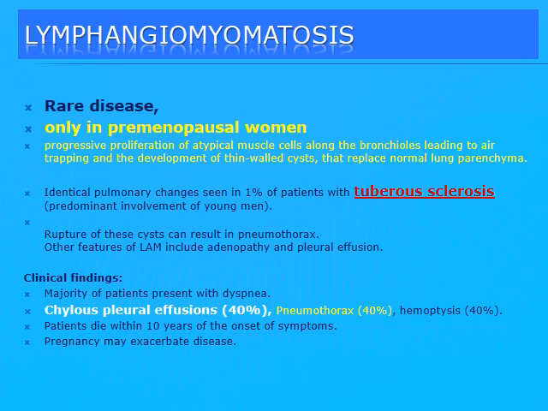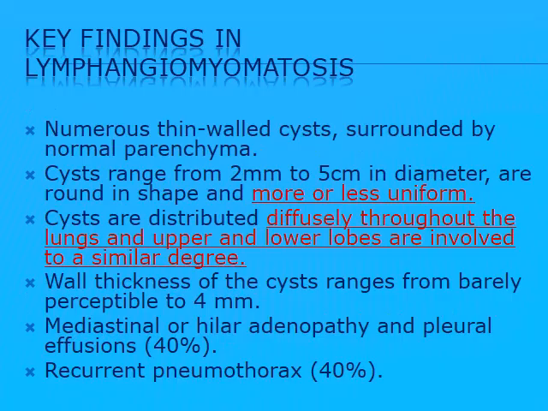Usually we see it as multiple lung cysts that involve the whole lung, not sparing any areas. The clinical findings: dyspnea, and rupture of these cysts into the pleural space can result in spontaneous pneumothorax or chylous pleural effusion. And as I've told you, if the patient has tuberous sclerosis, he can be male or female, but if no tuberous sclerosis, it is seen in premenopausal women because it is estrogen dependent.